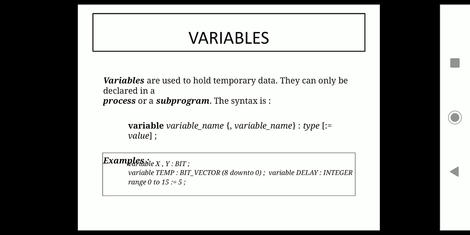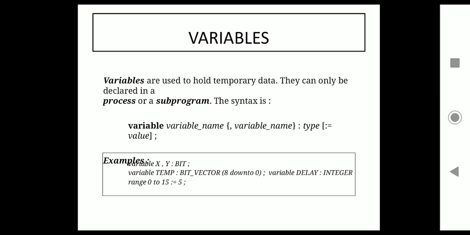A particular variable is used in a process statement and it is valid until that process ends. Once the process ends, the variable also vanishes, or whatever value it holds also ends. So this is the syntax of how to declare the variable.